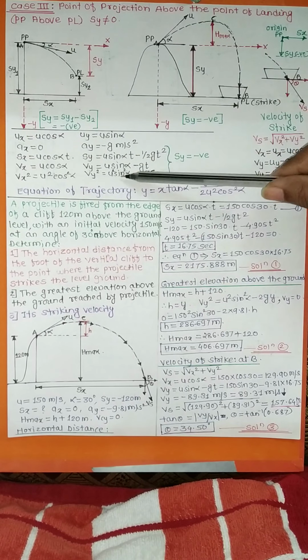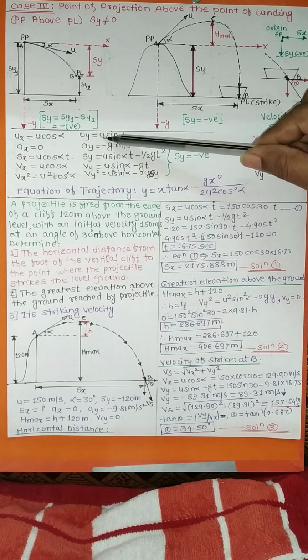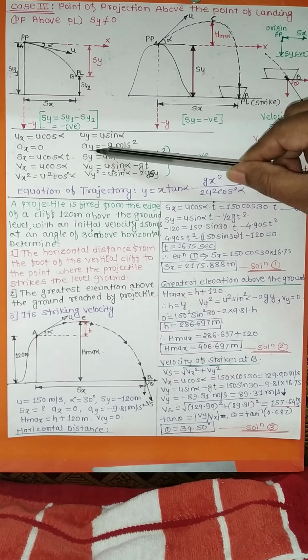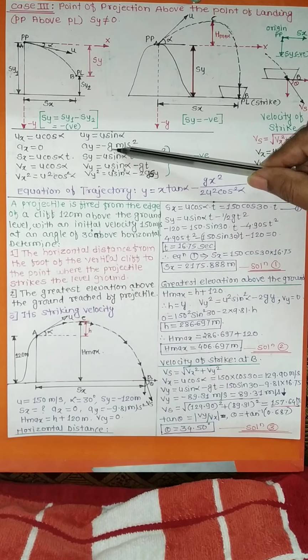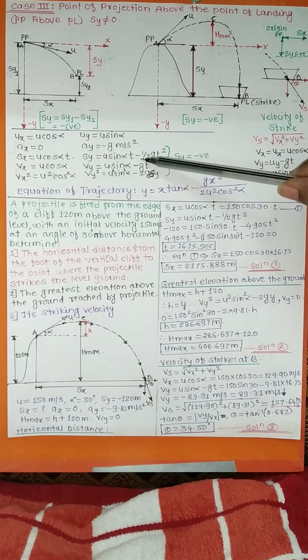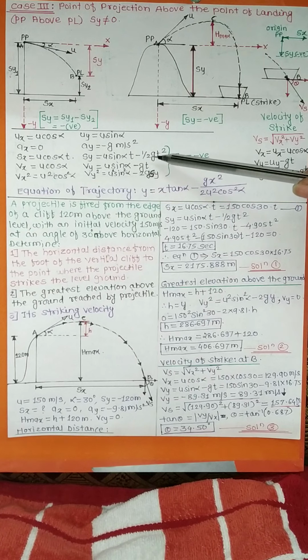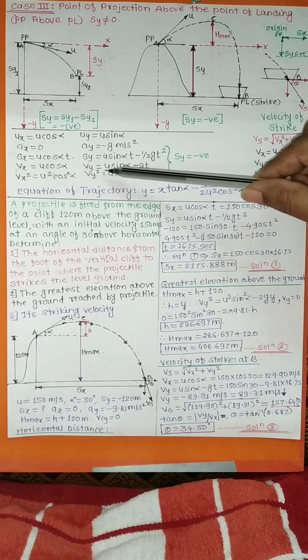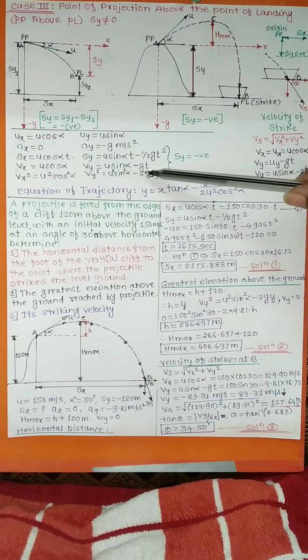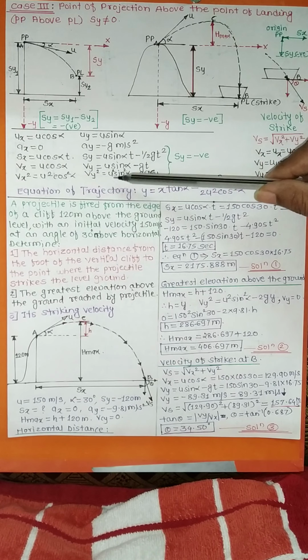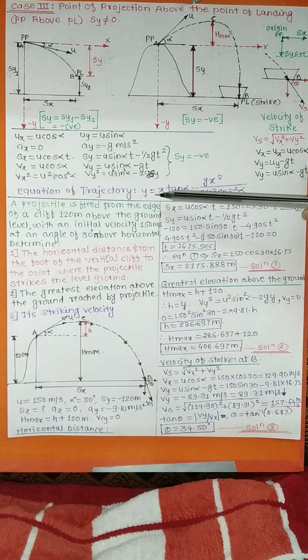For the motion along the y direction, uy is equal to u sin alpha, ay, that is acceleration along y direction, is minus g meter per second square, Sy is equal to u sin alpha into t minus half gt square. Vy is defined as u sin alpha minus gt, Vy square is defined as u square sin square alpha minus 2g Sy.